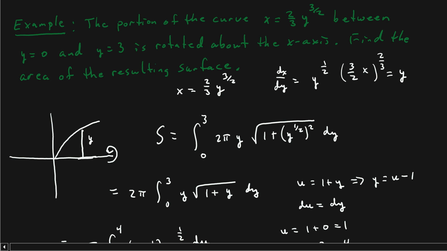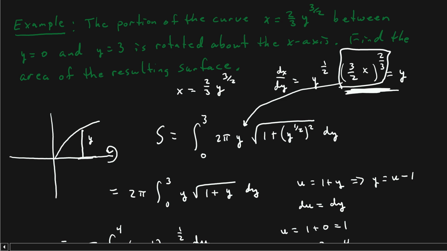Then you would have to take the derivative of that, and the derivative would go here, and then this would go in the place of y, and that would be dx.